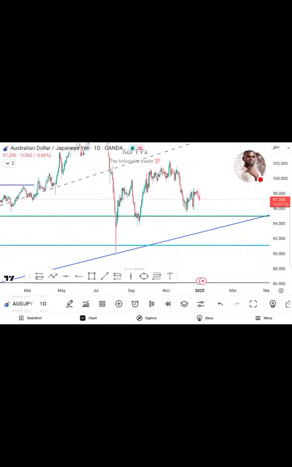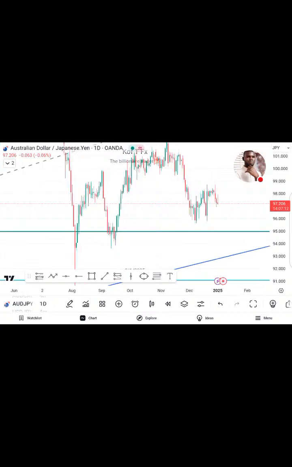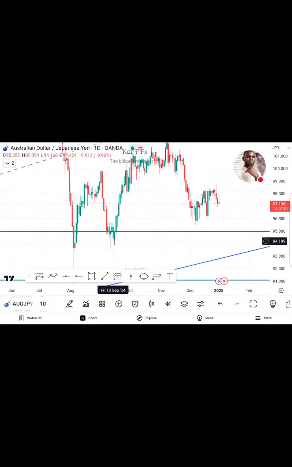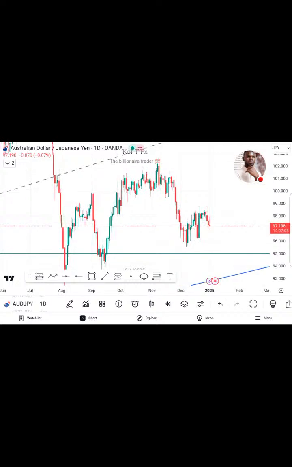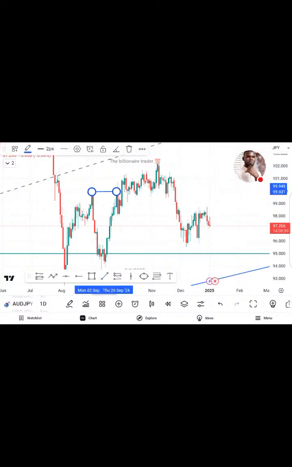And let's take a look at this. Around September, we have this internal structure, this I being taken out.